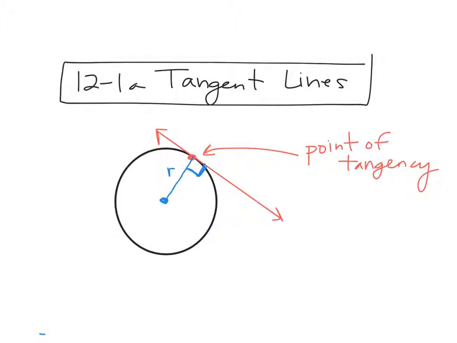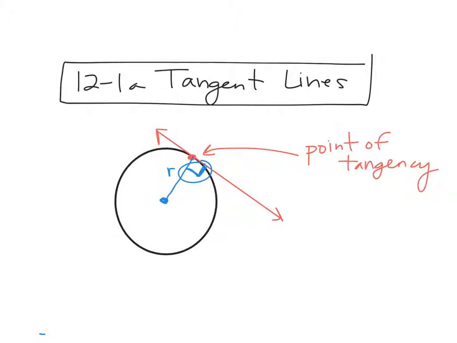Okay, and that's what you're going to use a lot today. They're not going to tell you it's 90 degrees. They're going to tell you the line is tangent. So they're not going to put this in the problem. You just have to know that because it's tangent, it's a 90-degree angle.